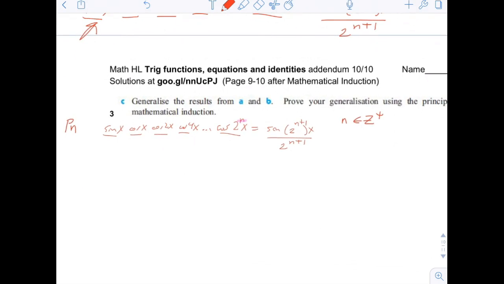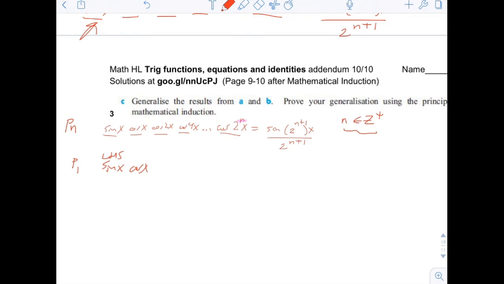So we've declared what the proposition is, and the next step is we can prove that the first value of n, which is 1, is true. So we'll say P subscript 1 says that the left-hand side is sine of x, cosine of x, and how far would it go up to?